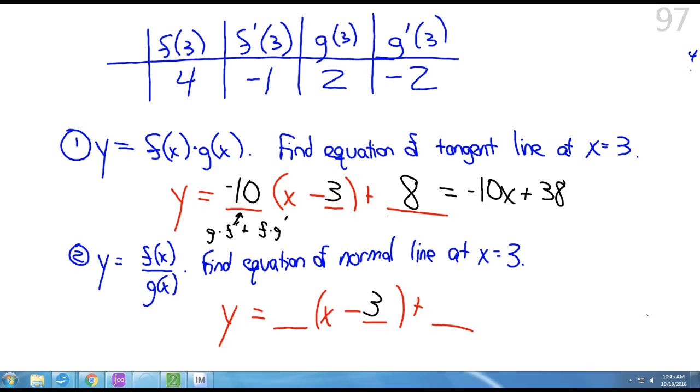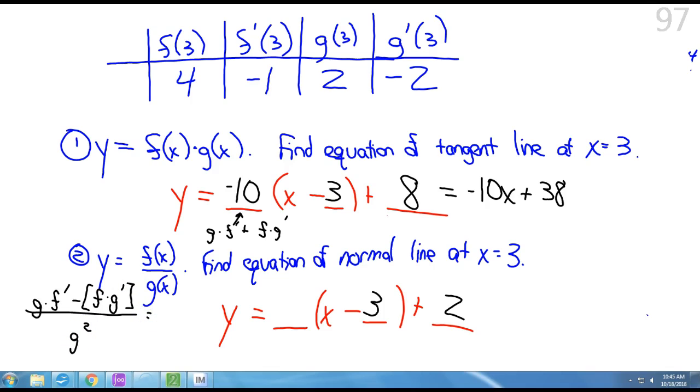Second one, same idea. To find the y value, I plug into the original equation. So f of 3 divided by g of 3, so that'd be 4 divided by 2. So that's 2. And then to find the slope, I'm going to take the derivative and plug in, so that's going to be quotient rule. So that's the bottom times the derivative of the top minus the top times the derivative of the bottom, over the bottom squared.